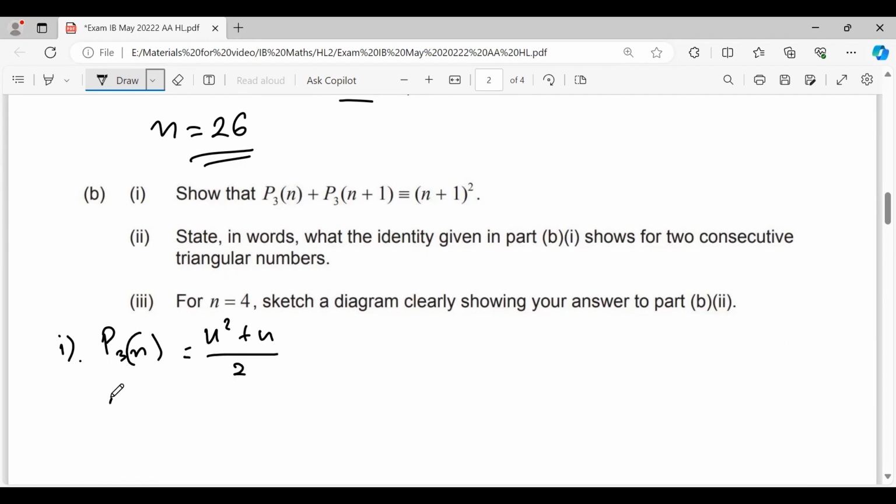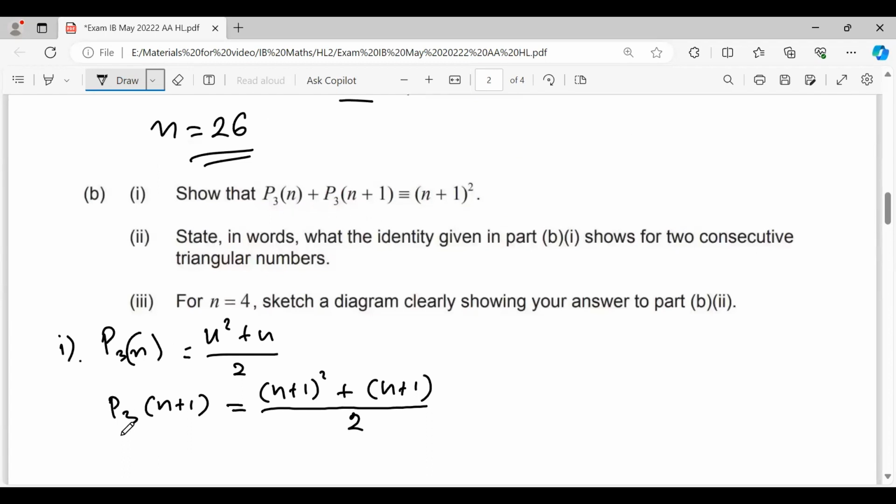And then P_3(n plus 1) is ((n plus 1) squared plus (n plus 1)) over 2.